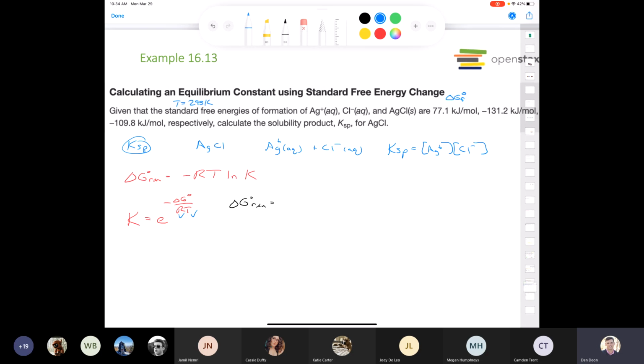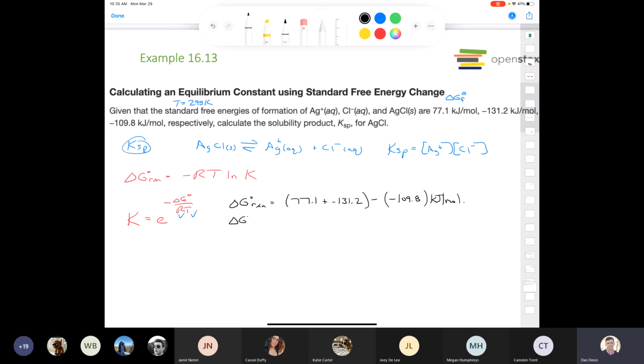Now when we calculate the delta G of reaction, we get 77.1 from the silver ion plus negative 131.2 from the chloride ion, and then we subtract negative 109.8 from the solid silver chloride, and all of that is kilojoules per mole.